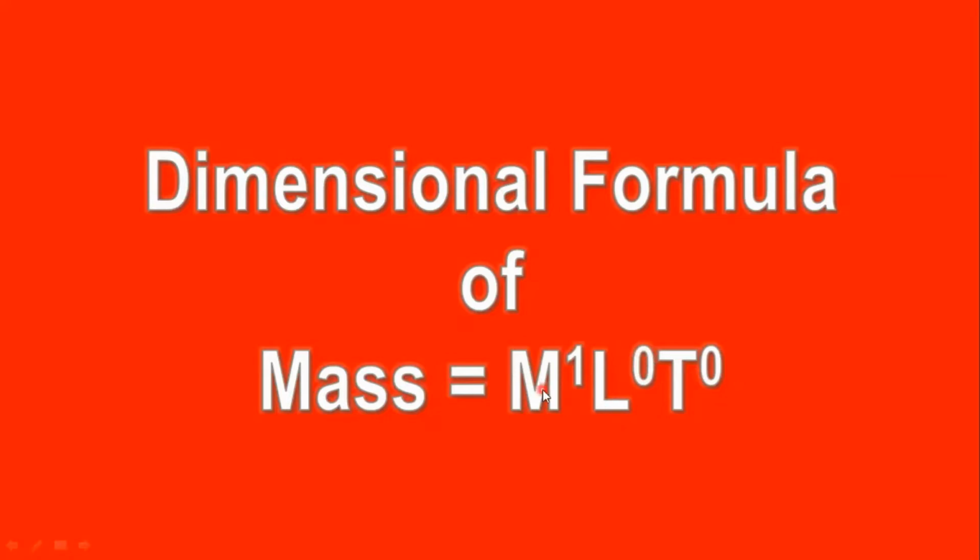That's why I am writing all these basic dimensions but putting the power 0. Anything to the power 0 is 1. T is to the power 0, so the powers are 0, and 1 is nothing.